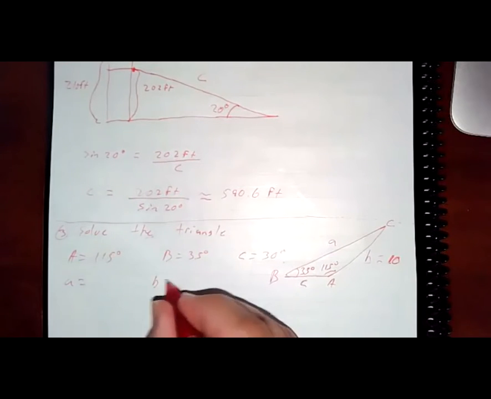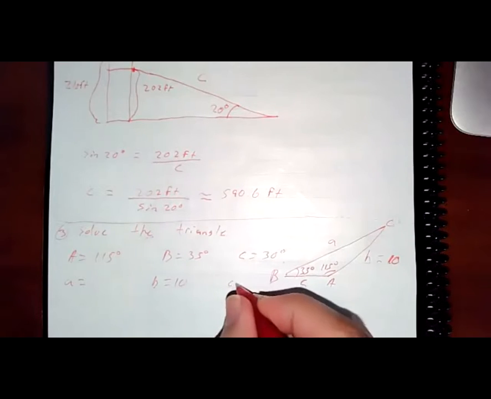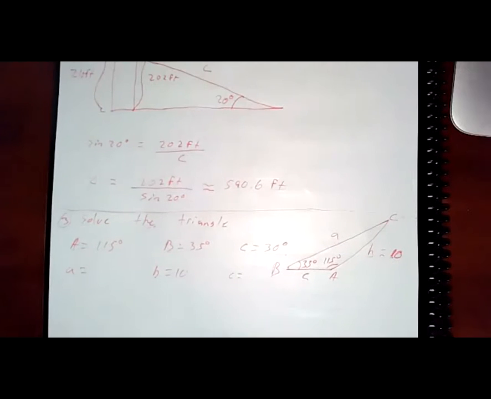Little b is 10, and we don't have little a or little c either. But we do have an angle and an opposite side, which will allow us to use law of sines. If we didn't have an opposite side, then we'd be in trouble and we'd have to consider law of cosines. But we're good at the moment.